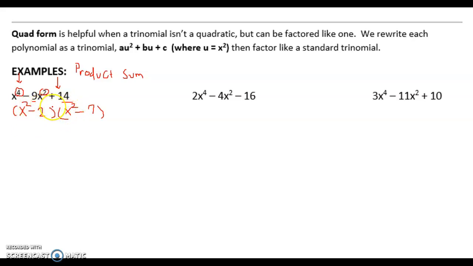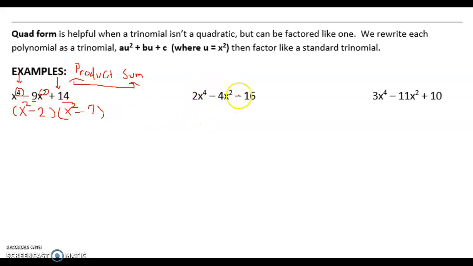So now if I multiply this out, I would end up with x to the 4th power minus 7x squared minus 2x squared, which would give me that minus 9 plus 14. So all you're doing is the same thing as product sum, except instead of x's in your factors, you're going to have x squared.